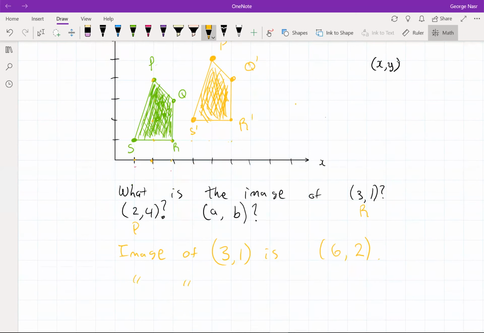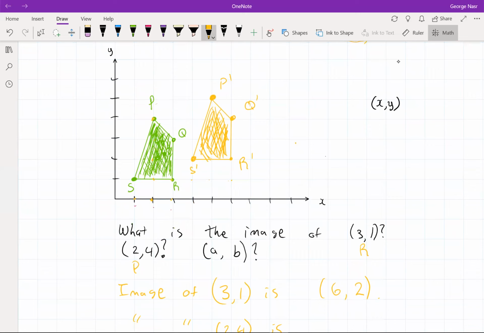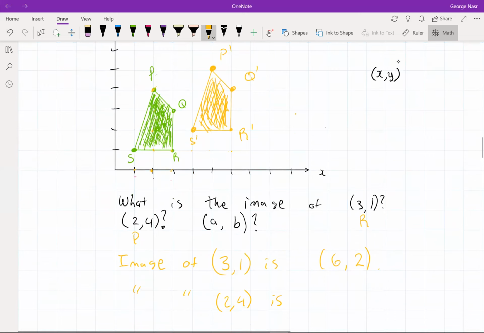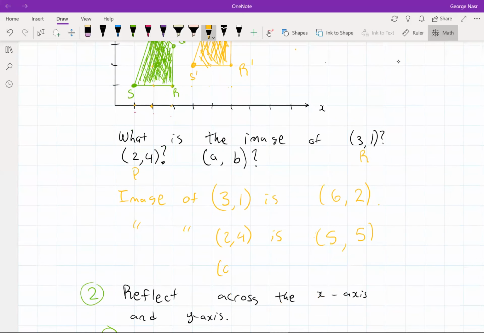And then the image of (2, 4) is, well, we just do the same thing, right? I start at x equals 2. I go over 3, which means I'm now at 5. And then I go up 1. So I go from 4 to 5. So what about for a general point, (a, b)?